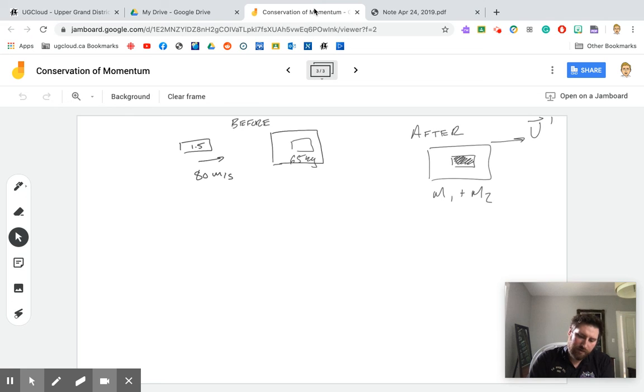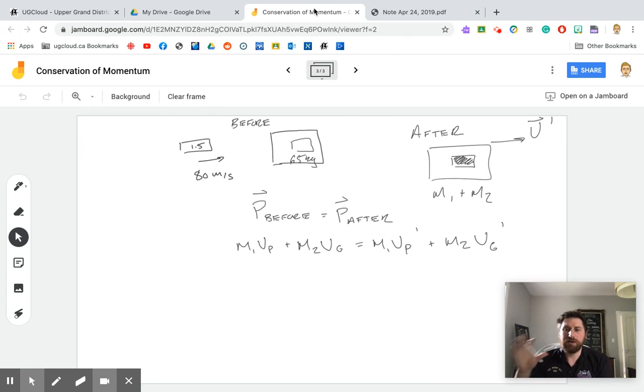So we do the same thing. We know that momentum before the collision is equal to the momentum after the collision. So that means M1 V of the puck plus M2 V of the goalie is equal to M1 VP prime plus M2 VG prime.